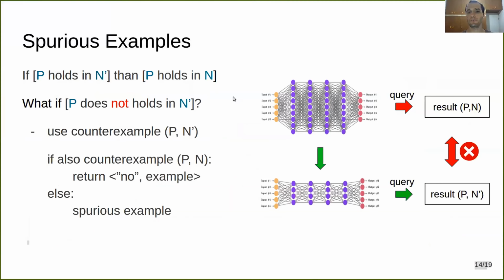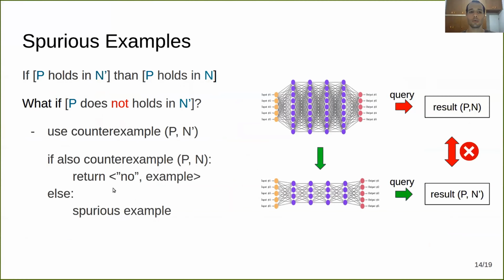Okay, so we generate an over-approximation such that if P, the property, holds in the over-approximation network N prime, it also holds in the original network N. Great, but what if P does not hold in N prime? In this case, we can use the counterexample that the verification tool returns and check if this is also a counterexample in the original network.